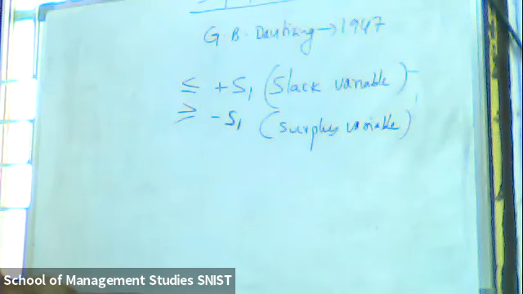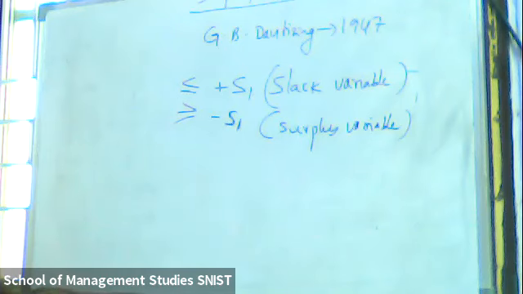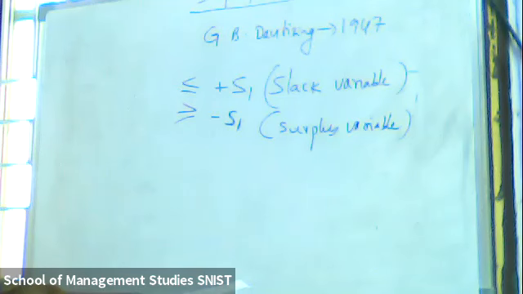If the given constraint is greater than or equal to, we need to subtract one variable. What is that variable? Surplus variable. What is the surplus variable? The excess amount that has to be removed to make the inequality an equality. Clear?